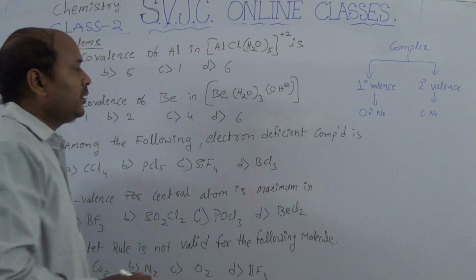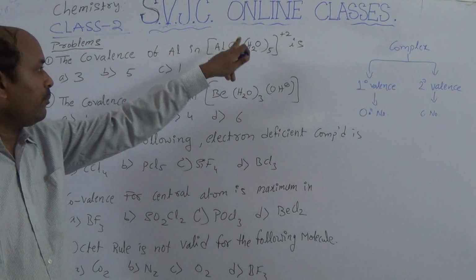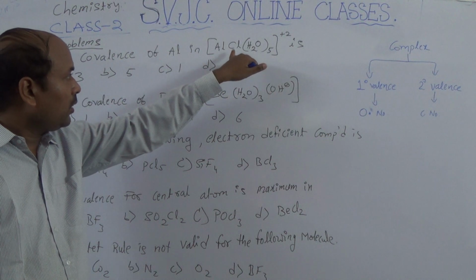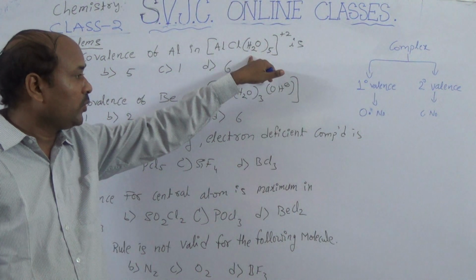In this given complex, aluminium is bonded with two types of species. One is chlorine, another is 5 molecules of H2O.